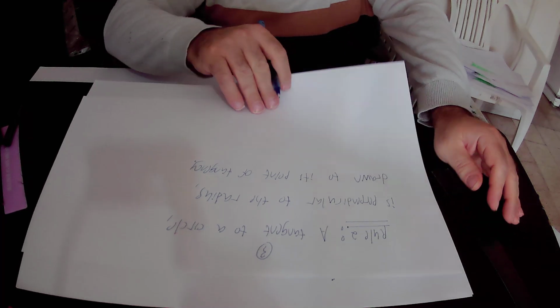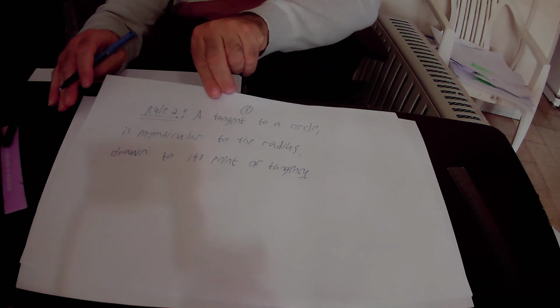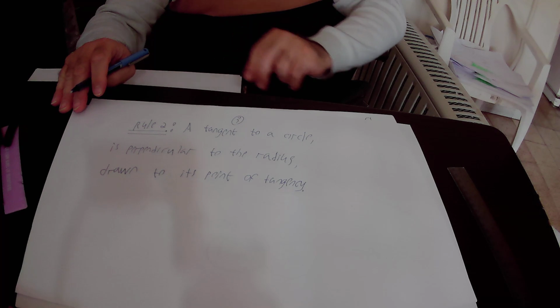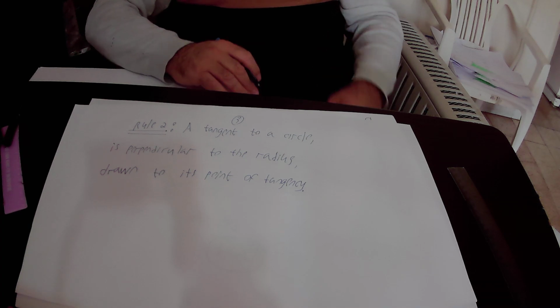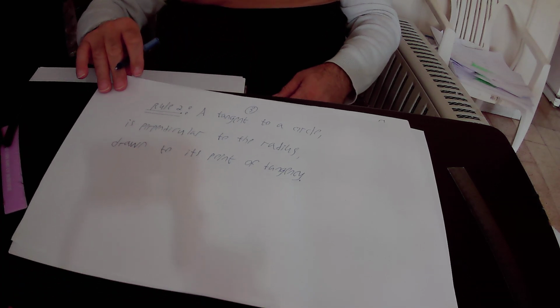So I'll read rule number 2 again. According to rule number 2, a tangent to a circle is perpendicular to the radius drawn to its point of tangency. So what is the meaning of rule number 2?